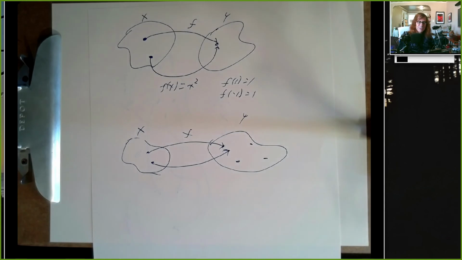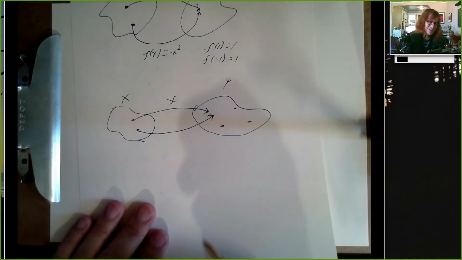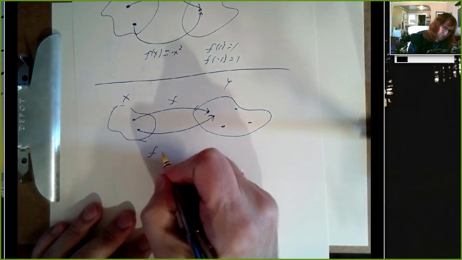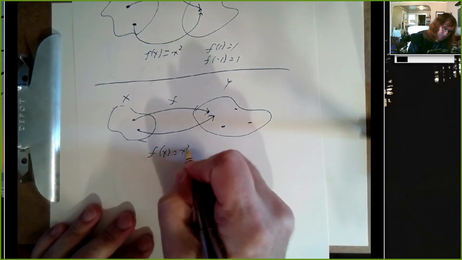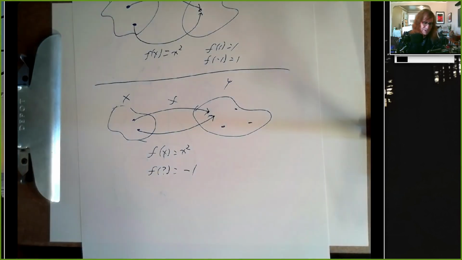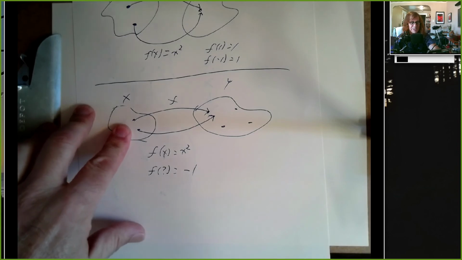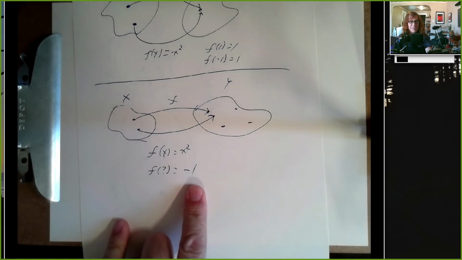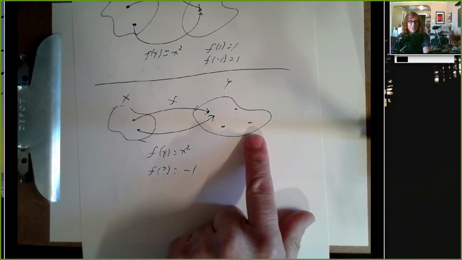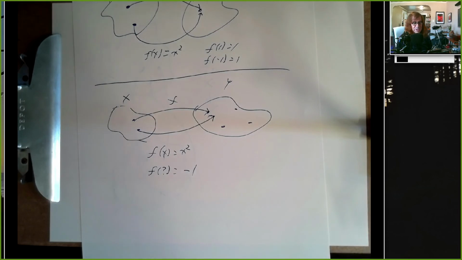Nothing maps over here. Again, if f of x equals x squared, there is no point over here, if we're talking about integers, that maps to the number negative 1. If we're talking about integers, there's no point over here that maps to the number positive 2. That's okay, it's still a function.